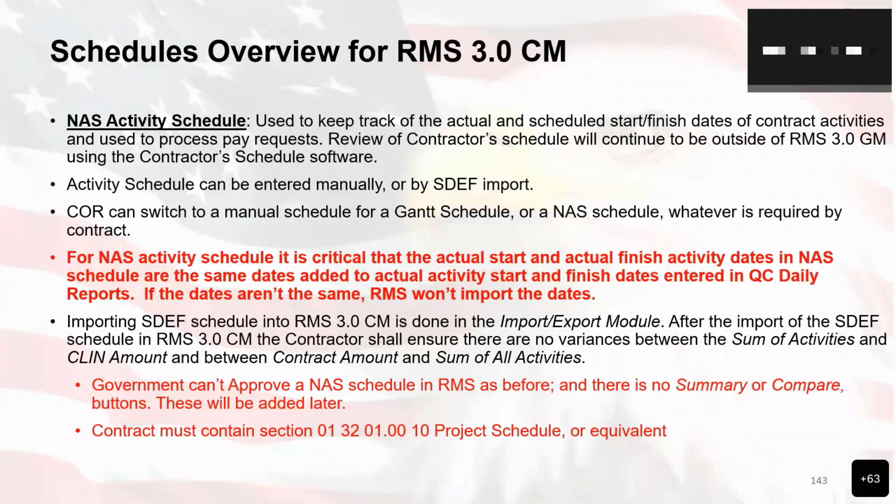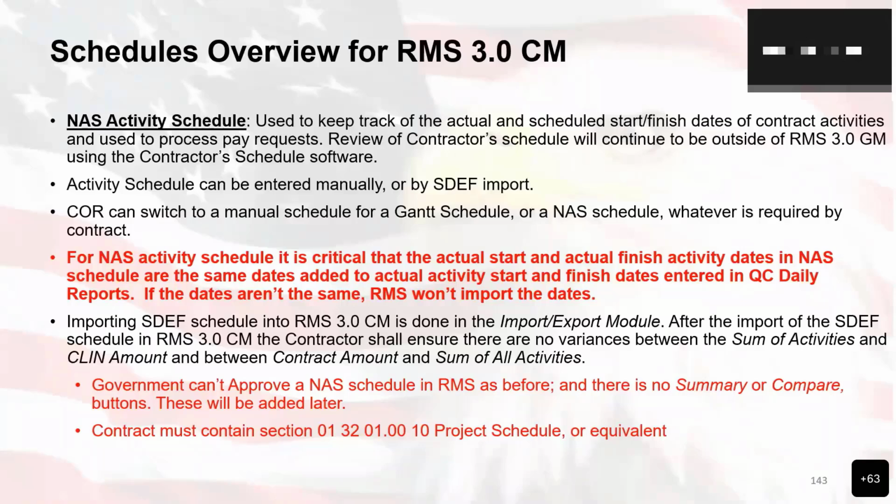After the import of the SDEF schedule in RMS 3.0 contractor mode, the contractor shall ensure there are no variances between the sum of activities and CLIN amount, and between contract amount and sum of all activities. So the government can't approve a NAS schedule in RMS as we did before. However, we can basically say yes, allow it to be brought in.